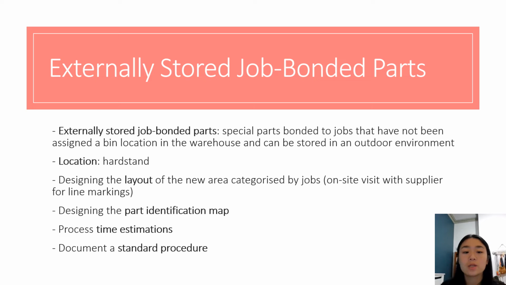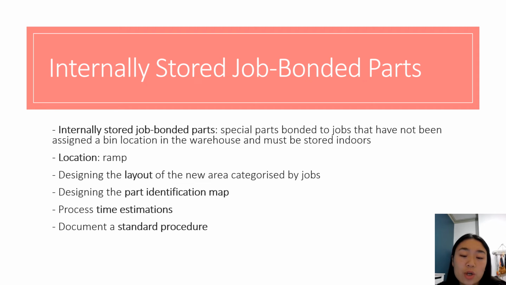And for these parts, we designed the layout of the new area categorized by jobs with AutoCAD. We also had a supplier come in to look into some line markings on the hard stand. Also designed a part identification map, and similarly looked into the time estimations and the standard procedure.